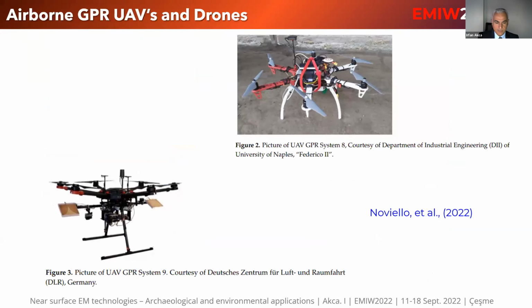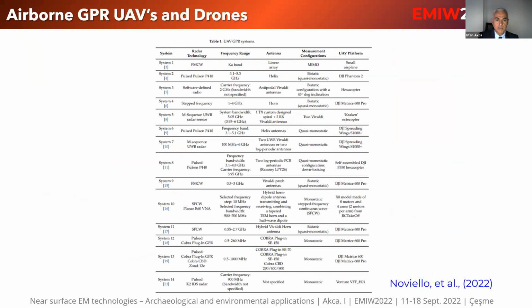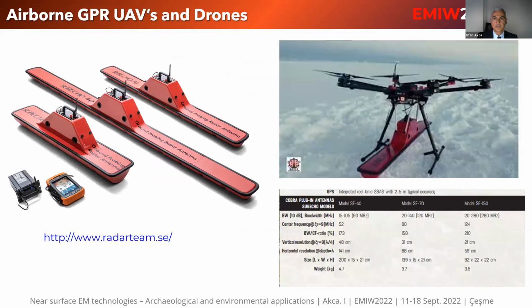I will not go deep into these applications, but I will refer to Noviello et al., a very good comparison of the drone-based or UAV-based GPR systems on several topics. They compare all of the abilities and availabilities.